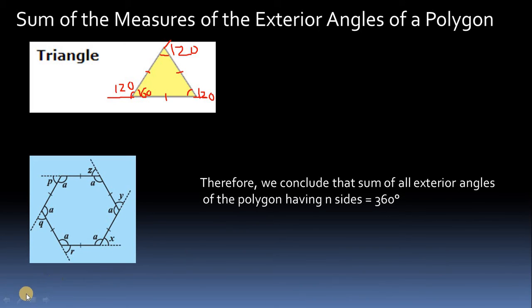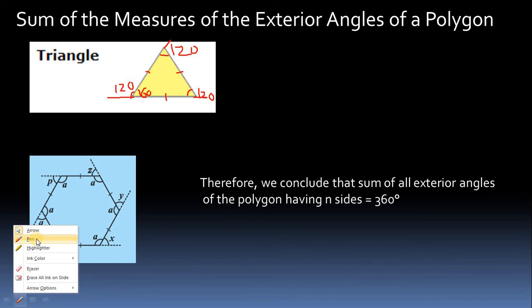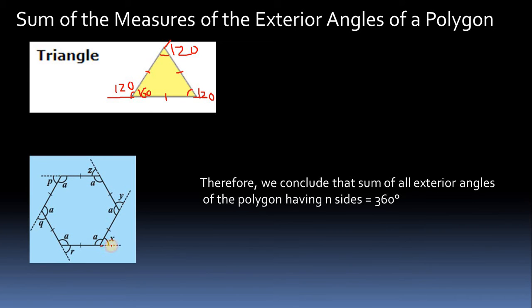One more reason is there. Suppose this is the position. Suppose this is the starting, this is the exterior angle having a measurement x. Suppose you are present in this position and there is one more angle going in this side, now your position is here, now you are going through this path, your next position is angle q, then your next position is angle r, and then you come back to the original position.